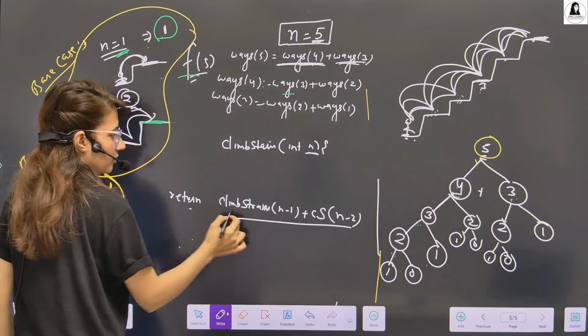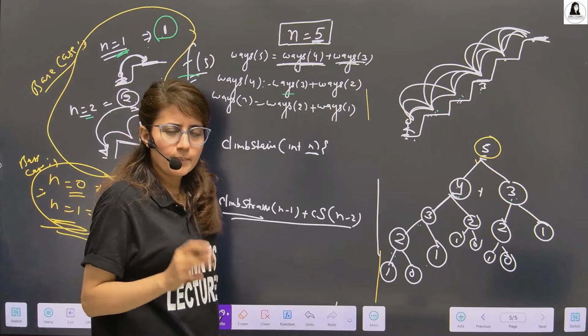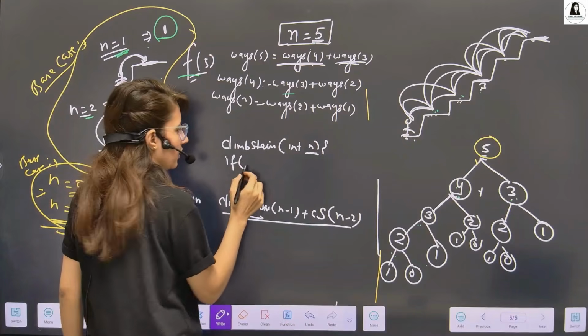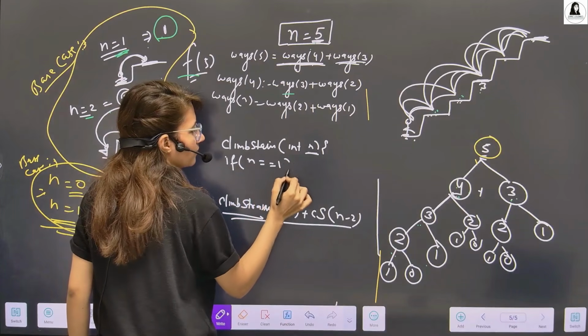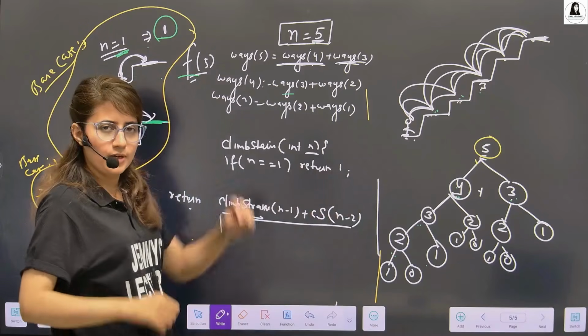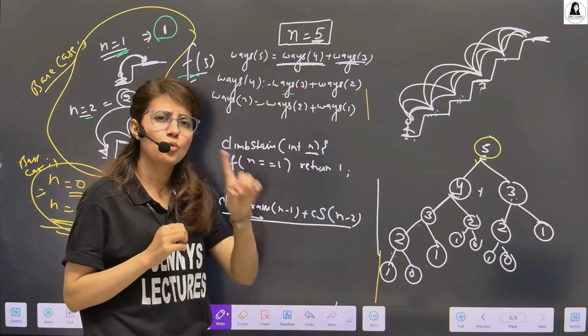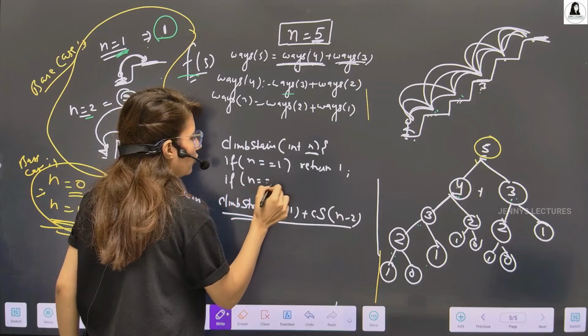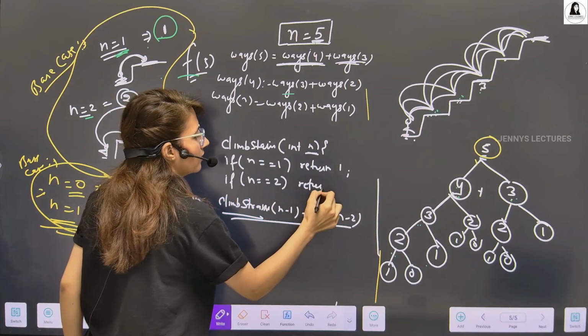And return. So recursively we are calling, but you need to write base cases here to stop this recursion. Base cases: if n equals 1, return 1, because there is only one way to reach there. If n equals 2, return 2.